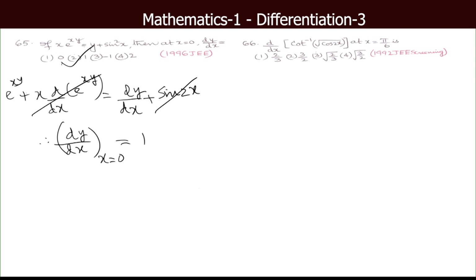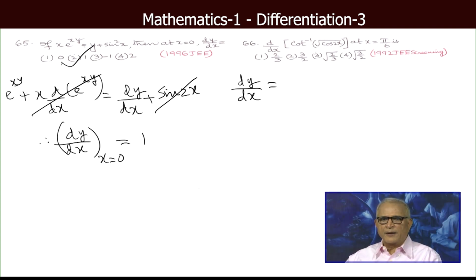66. Derivative of arc cotangent root cos 2x at x equal to pi by 6, screening paper of the JEE 1992. So, let us put this as y. Y is your function arc cotangent square root of cos 2x. You are asked to evaluate the derivative dy dx at x equal to pi by 6. First of all, apply chain rule.